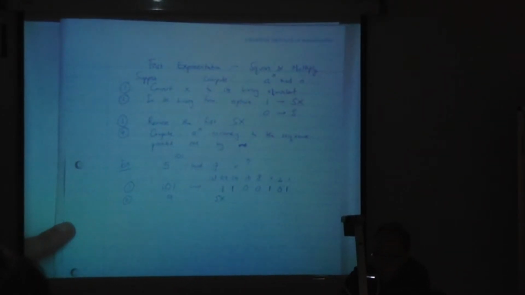So step number 2, you need to follow this pattern. For each 1, you replace with sx. 0 you replace with s: sx, s, sx. The algorithm is very cute, okay?